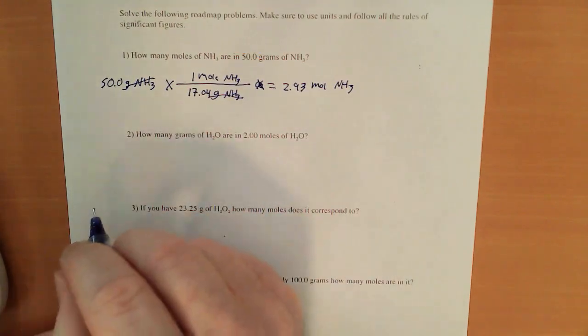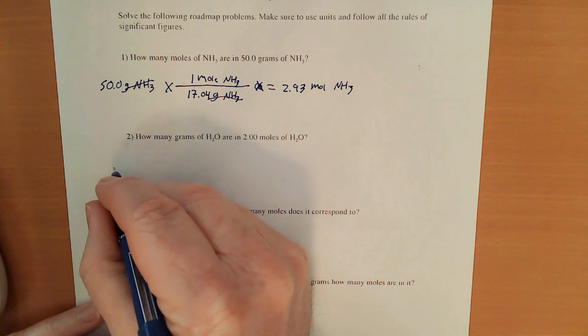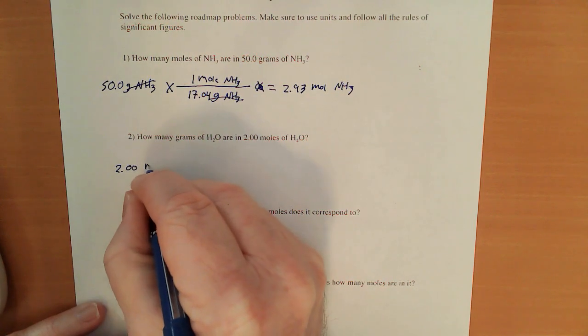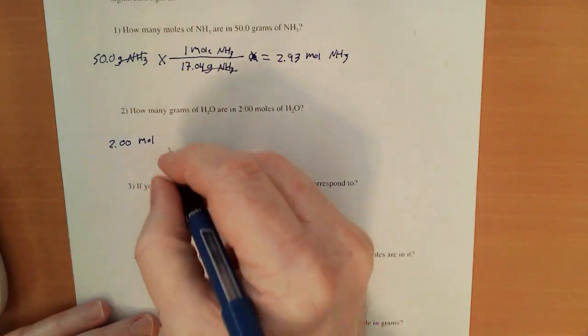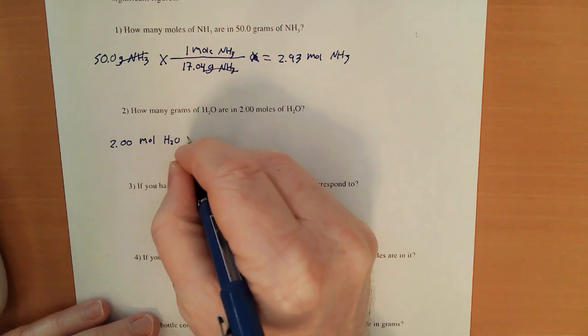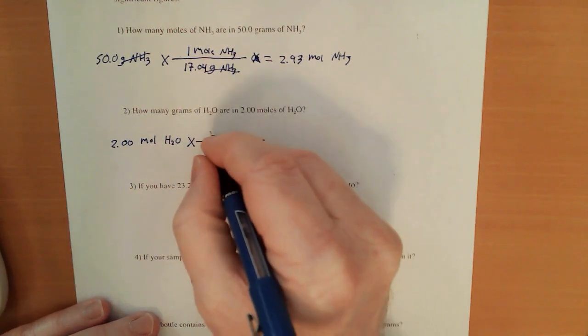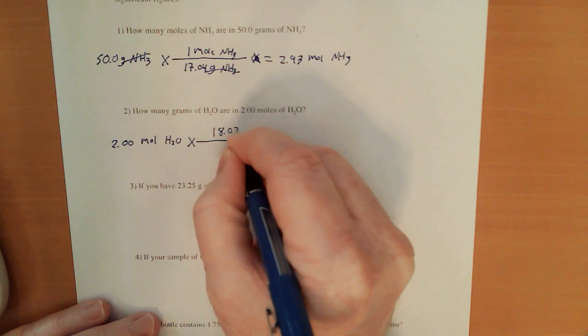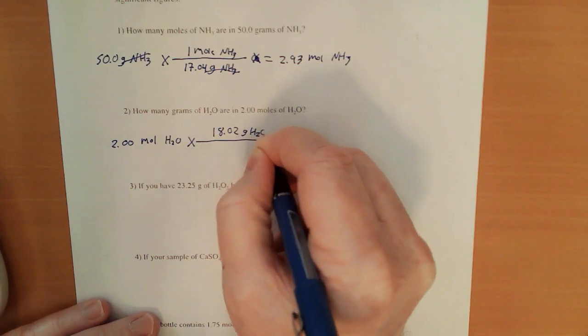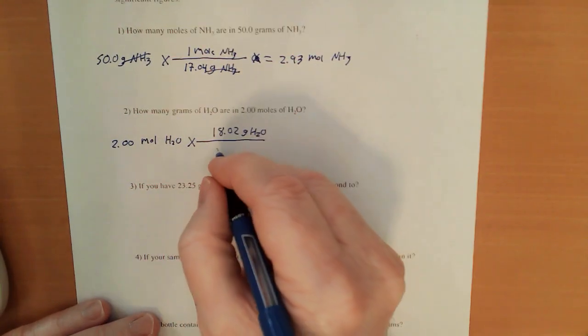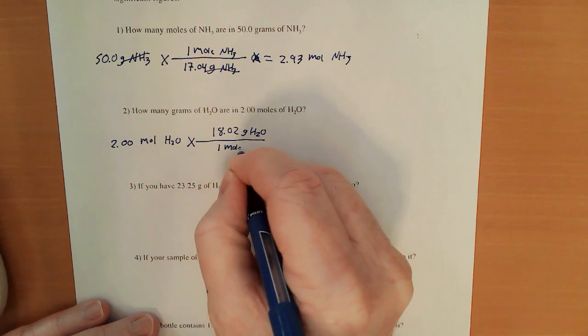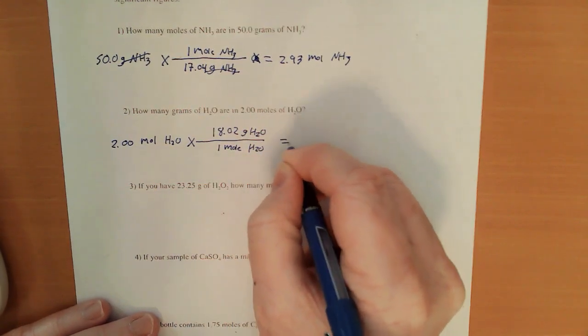How many grams of water are in 2.00 moles of water? So 2.00 moles H2O times, I want grams, so I put it upstairs. The molar mass of water, I add it up as 18.02 grams of water for 1 mole of water.